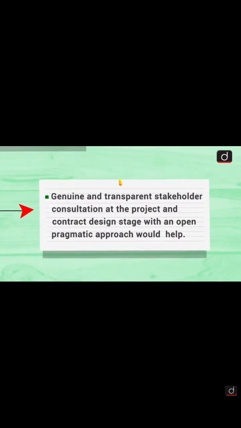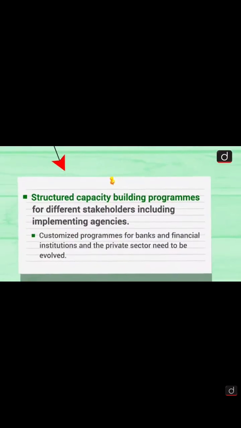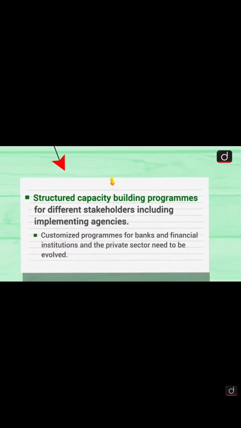Also, genuine and transparent stakeholder consultation at the project and contract design stage with an open, pragmatic approach would help in this case. Also, structured capacity building programs for the different stakeholders, including implementing agencies, customizing programs for banks and financial institutions that the private sector needs to be evolved.